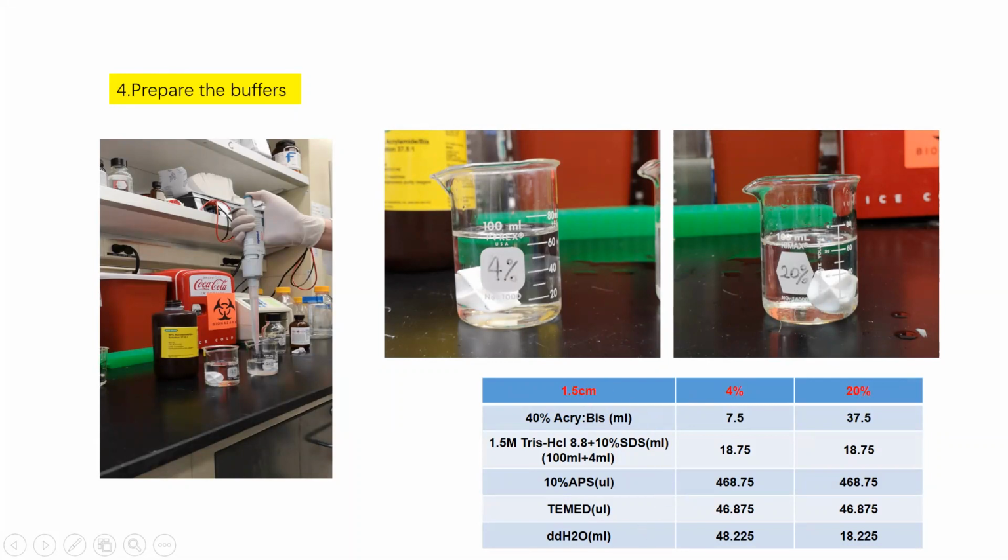This is the different component I have introduced before. And be careful, you have to keep in mind that was the TEMED. You have to add this to the buffer at last, because this is a coagulation accelerator. If you add it first, it will coagulate fast. So you add it at last, and it will be a better way.